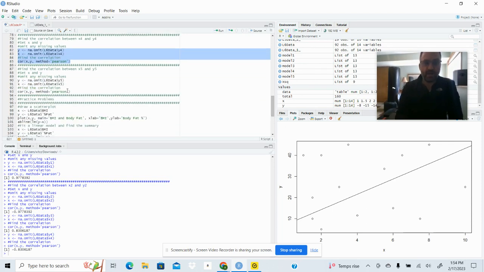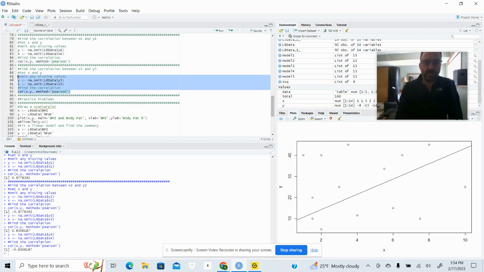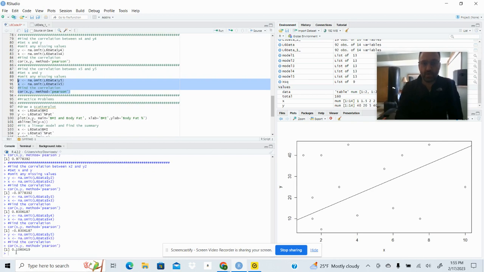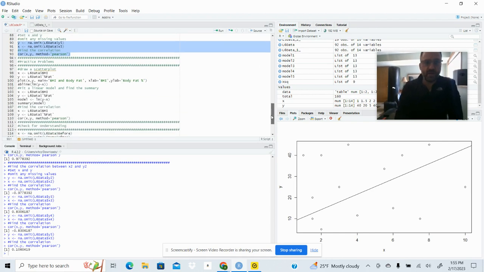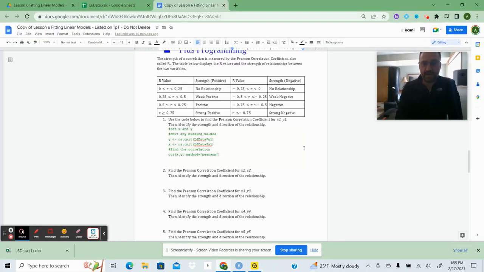And then for x5 and y5, the correlation is 0.10, which is no correlation. And then to be able to draw a scatter plot, for example, let me go back.